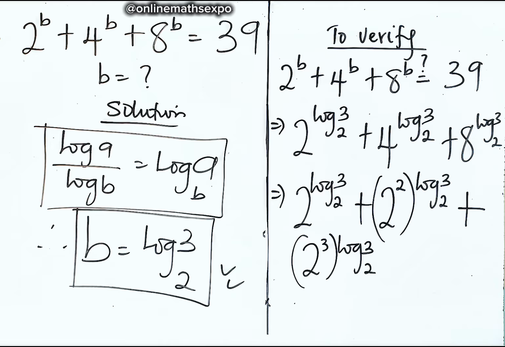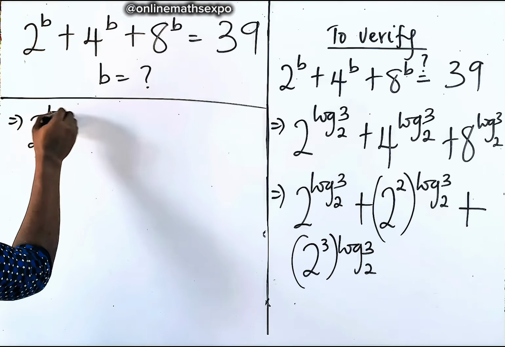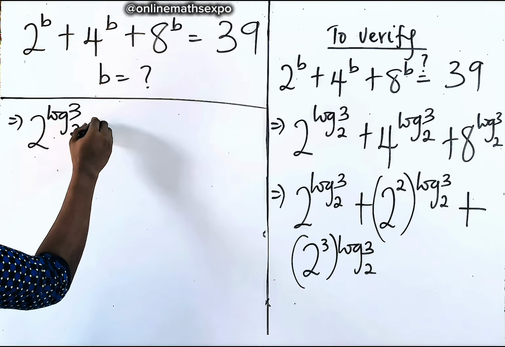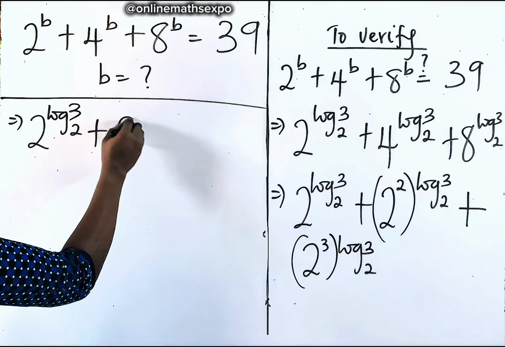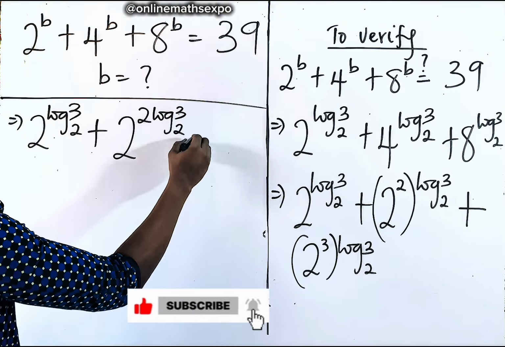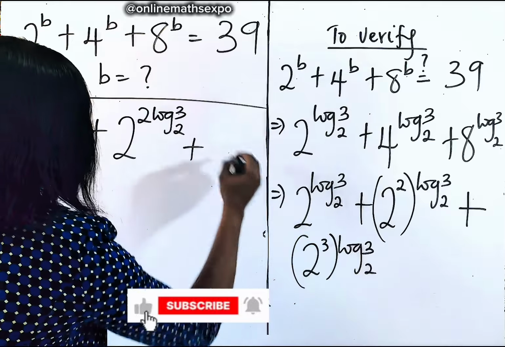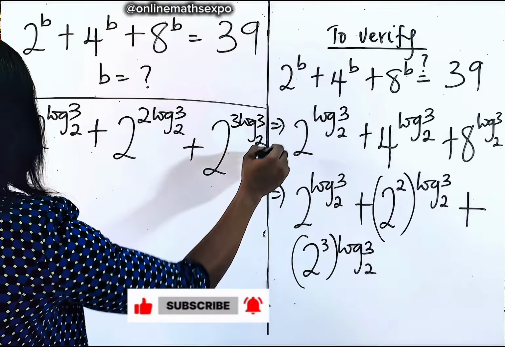Now simplify more. Remember the powers multiply, so it gives you 2 to the power of log 3 base 2, plus 2 to the power of 2 log 3 base 2, plus 2 to the power of 3 log 3 base 2.